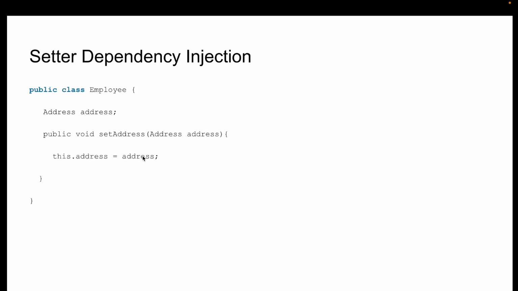That is the one you are seeing on the right hand side of the equal sign. So understand this, we are initializing the instance variable itself here using a setter method. Setter and getter methods, you already know how to generate using your editor.